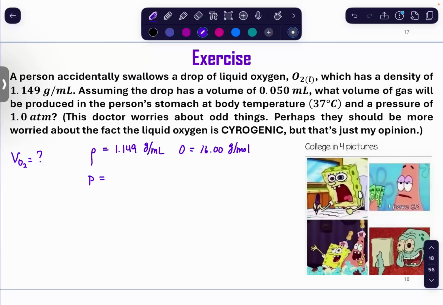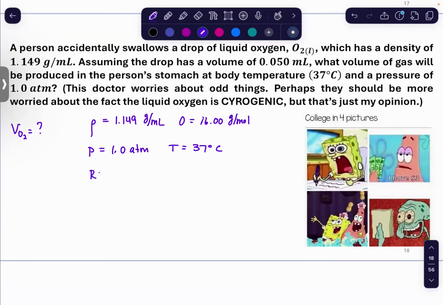Pressure is 1 atmosphere. Temperature, 37 Celsius. And I'm going to go ahead and write down R, 0.08206 liters atmospheres over moles times Kelvin.